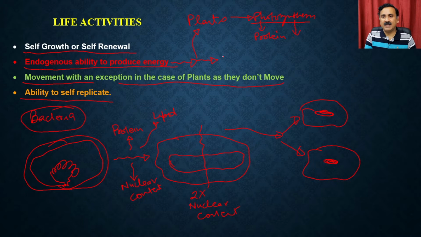As far as the animal is concerned, animals are also going to utilize preformed food. For example, if you talk about humans, they utilize a very well developed system where they are going to digest the food material in the alimentary canal, and then they are going to have the constituent molecules, and these constituent molecules are going to be channelized into different types of metabolic pathways.